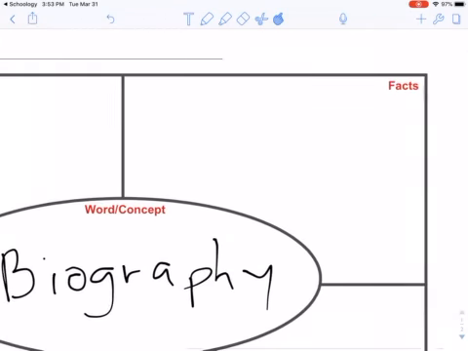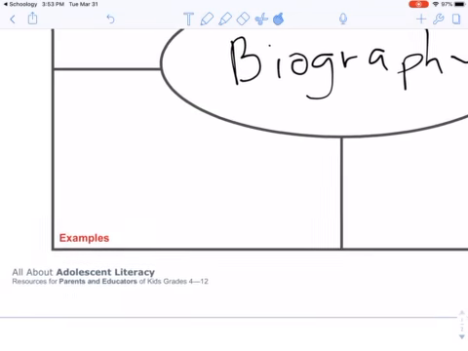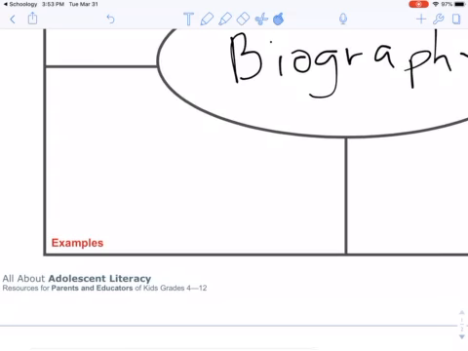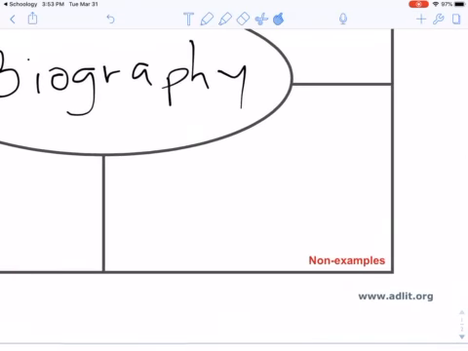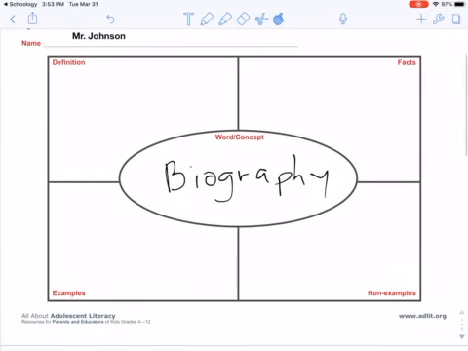We are going to be writing down some basic little facts of what are some things that are in biographies. Then we're going to give examples of biographies, like one of the examples that hopefully is a picture book about Amelia Earhart. And then we are going to give non-examples, like an Anansi book would be a non-example. So again, we're really just trying to define and describe what a biography is.